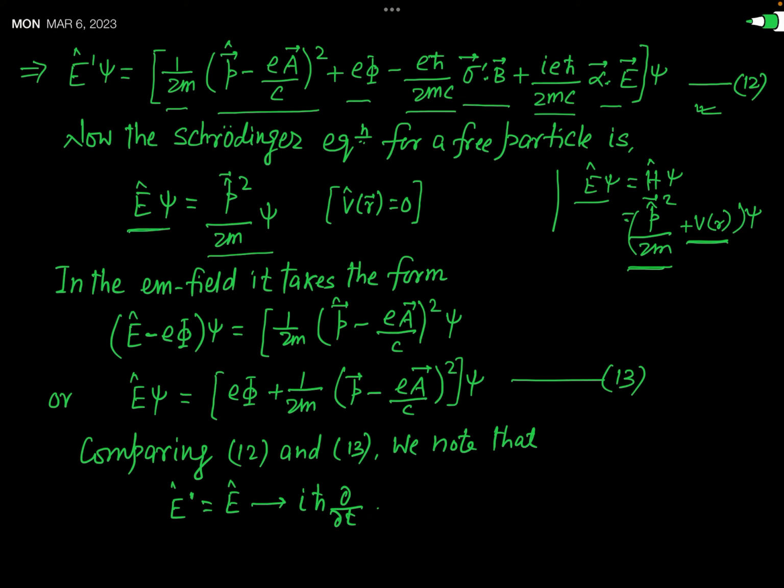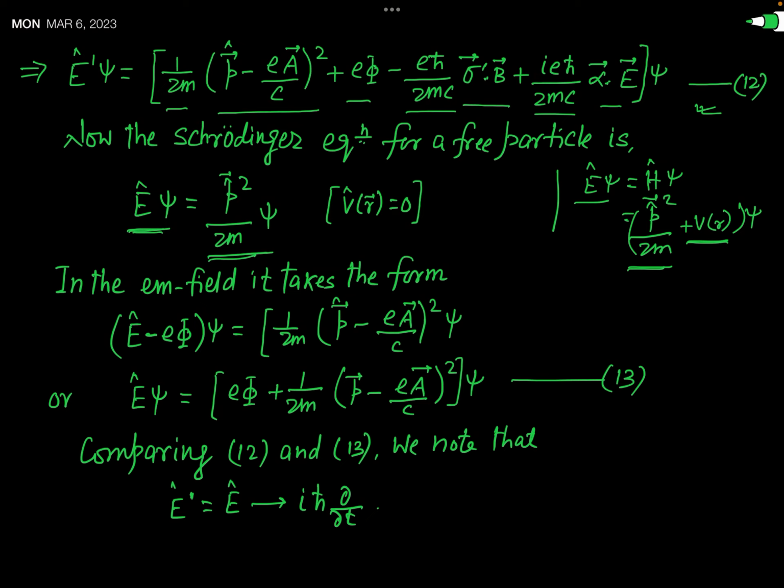This is actually the Schrodinger equation when our particle is not in an electromagnetic field. But since we are talking about the wave equation in an electromagnetic field, now we will write this Schrodinger equation when the particle is in an electromagnetic field.